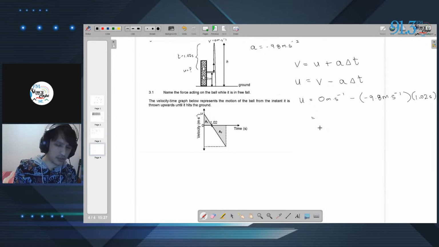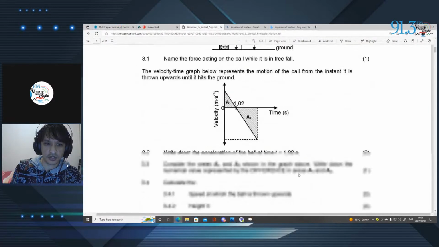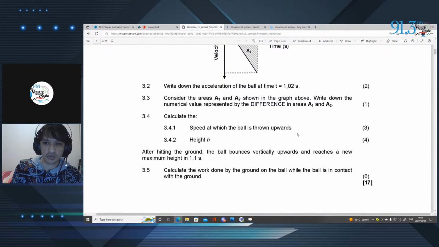So 9.8 times 1.02 gives us 9.996 meters per second. So we're essentially getting 10 meters per second. Okay, there we go. That's it to solve for the initial velocity, the speed at which the ball is thrown upwards.